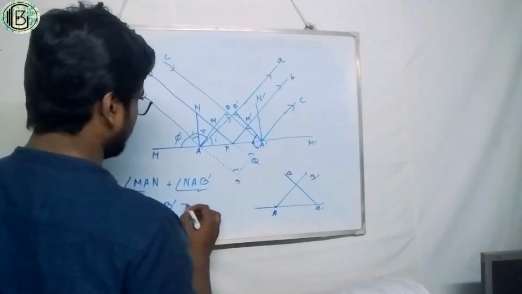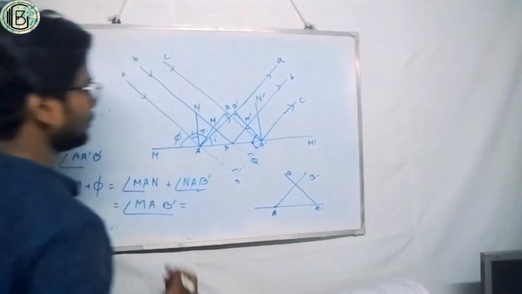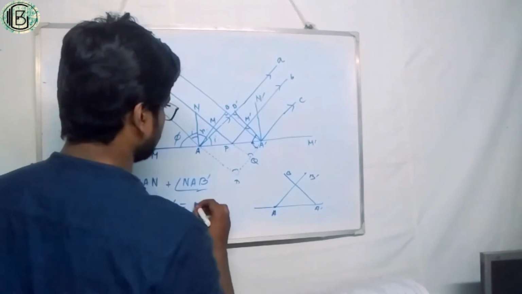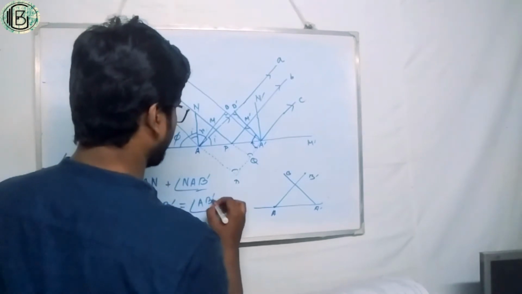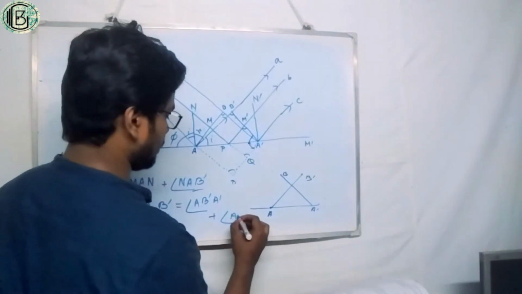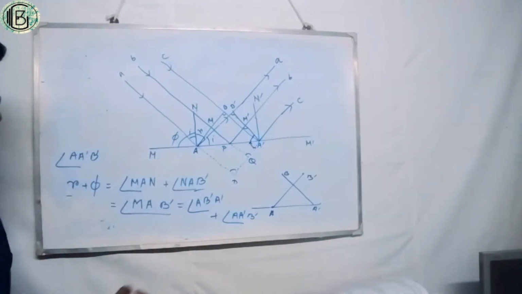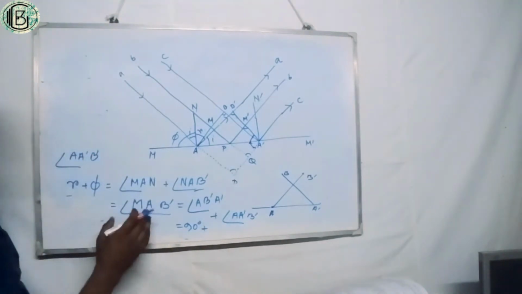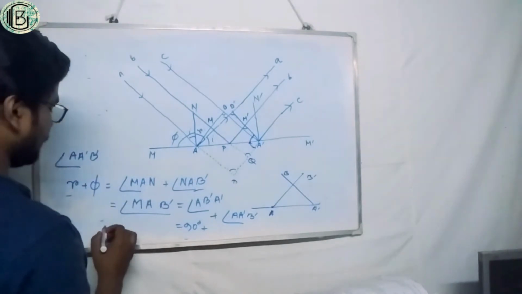So this is the angle, and according to the property of the triangle A B prime A prime, we can write this angle to be equal to angle AB prime A prime plus angle A prime B prime. Now this angle is 90 degree, and also this phi equal to 90 degree.